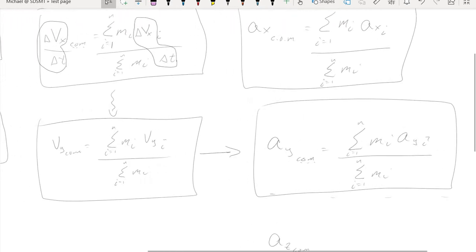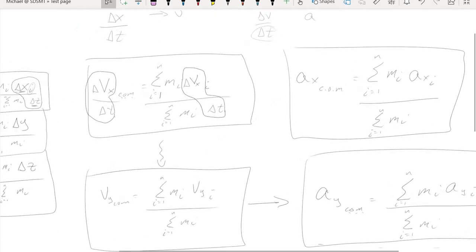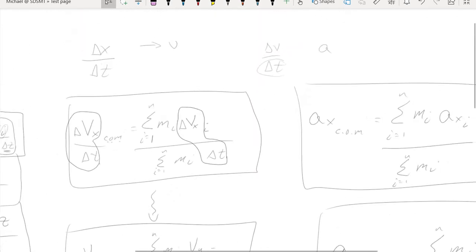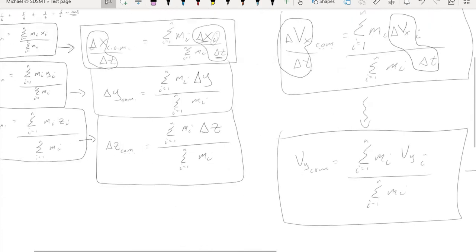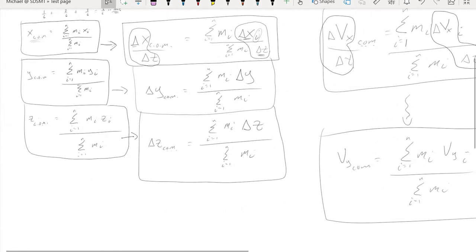But taking a step back here, we've basically got the same equation. We've got a summation of each individual mass times its individual, fill in the blank, either position, displacement, velocity, time, but it's the same equation again and again.